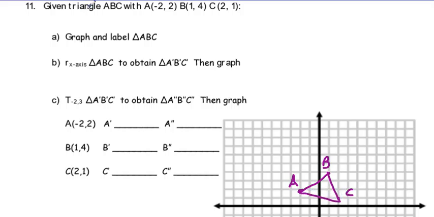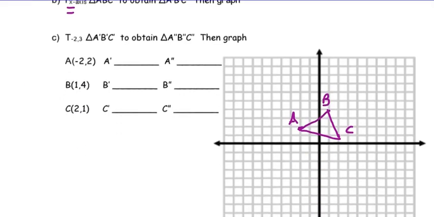There we go. Now, to reflect in the x-axis, if you remember from the previous page, we said that when you reflect in the x-axis, you just change the sign of y. You certainly could reflect in the x-axis. You could count down to, for A, you could find the distance, count down.